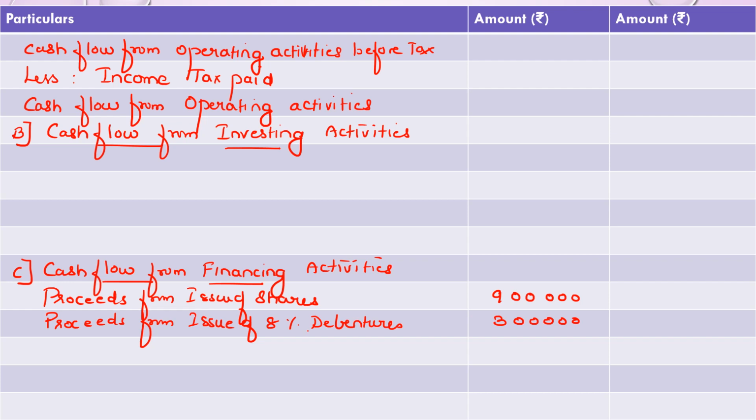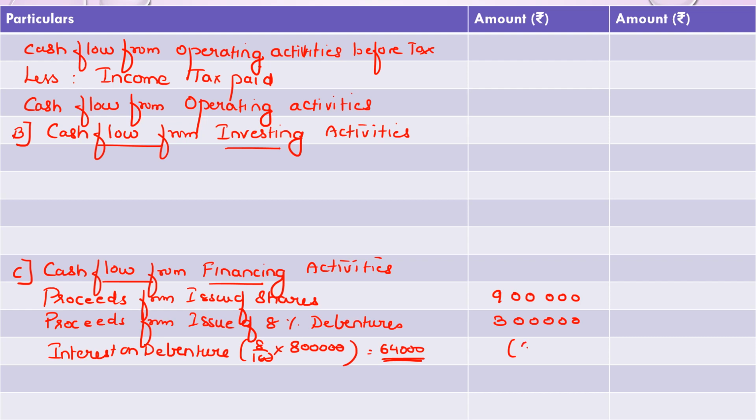Now immediately we'll take into consideration the interest part also. Because it was issued on 1st April, those debentures were there the entire year, so they are eligible to get interest. So we will calculate the interest on debentures, which would be an outflow at the rate of 8% on the entire amount of 8 lakh. That comes to 64,000.